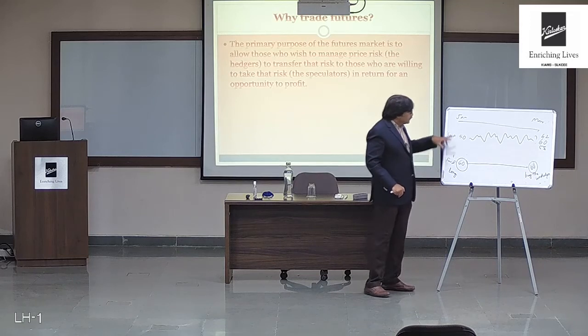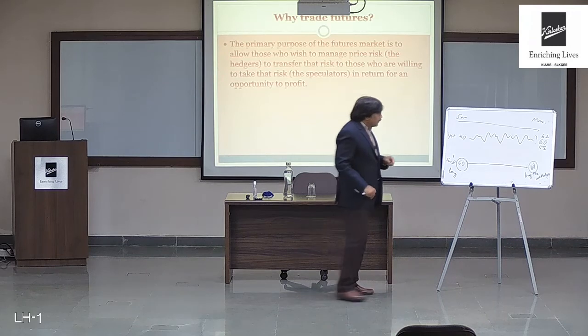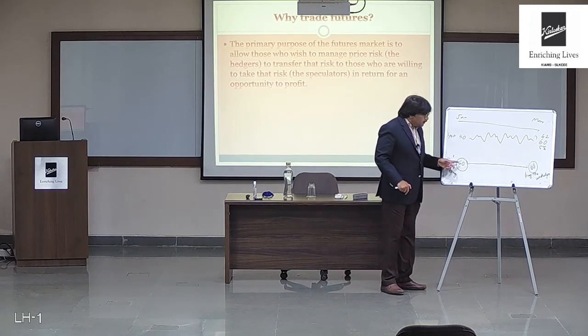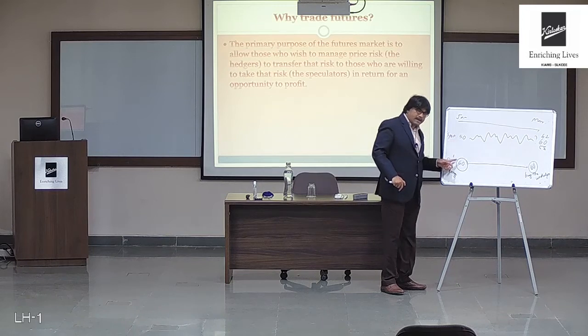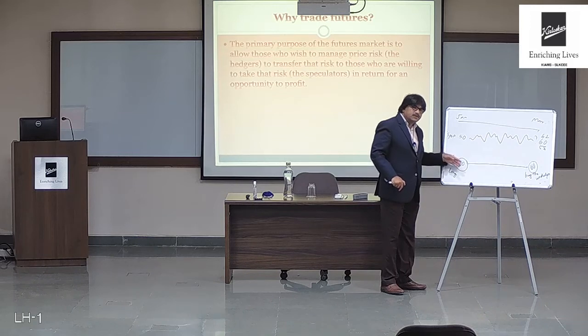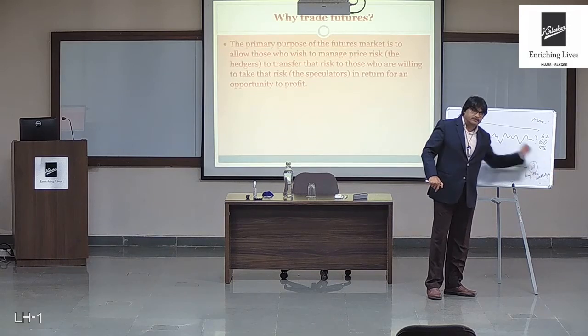Now look at the other side, the speculator. The speculator takes a position on the same contract when the hedger has already signed a contract. When the hedger signs a contract, he is required to buy the underlying at the end of the period.